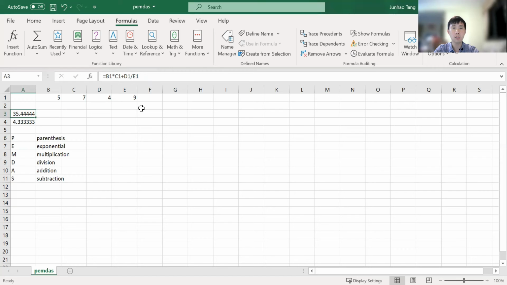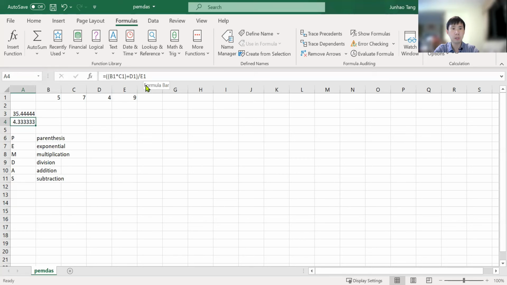So this is not what you want. So you can put parentheses. Actually, to be safe in Excel operations, you just put parentheses, but of course not too much, otherwise you will make the formula very cluttered and hard to identify.